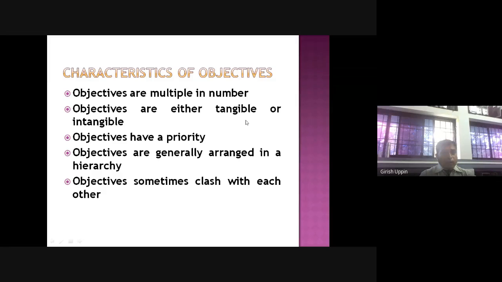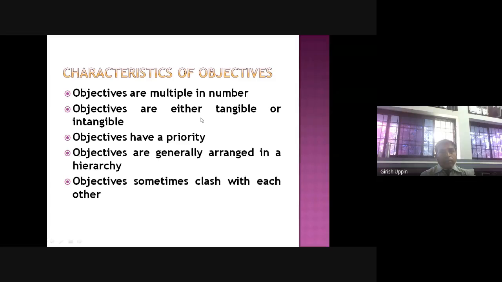Objectives are either tangible or intangible. I told you objectives should be measurable. Tangible means measurable, right? Tangible is something you can quantify, and intangible you cannot quantify.